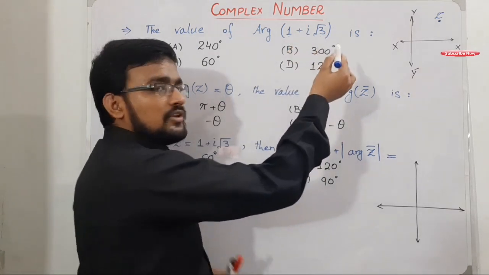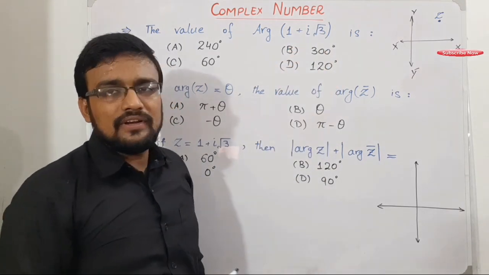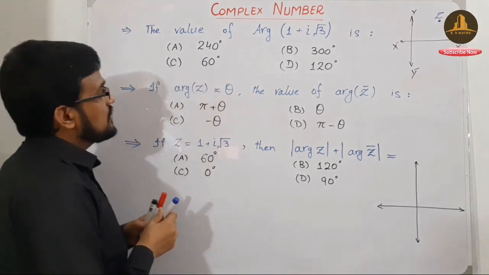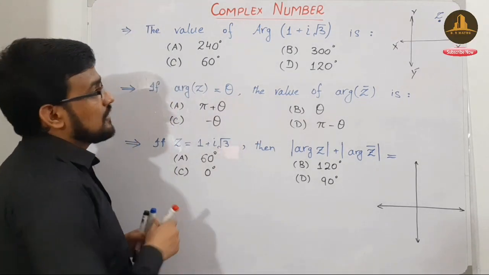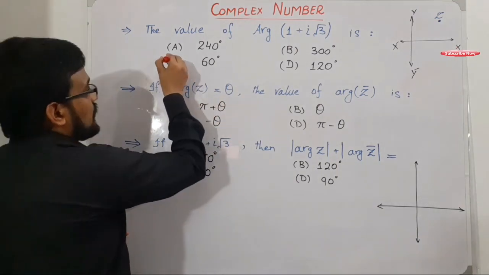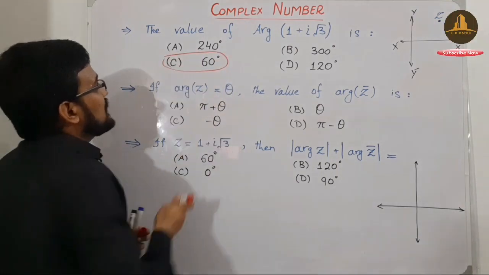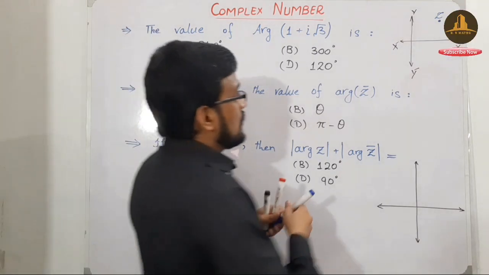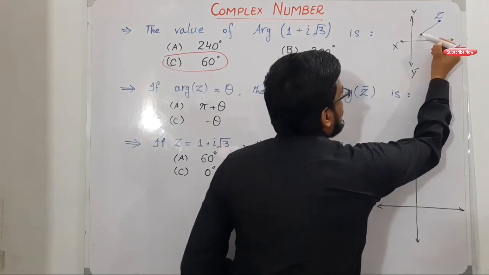Square root 3 over 1, tan inverse square root 3 is 60 degrees. And due to the first quadrant, it is only plus 60 degrees. It is very simple.